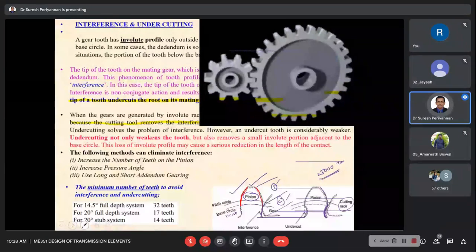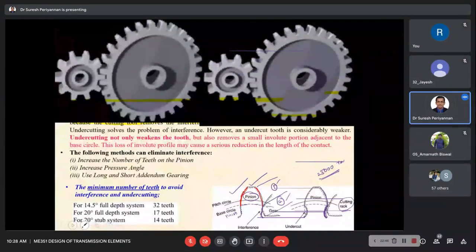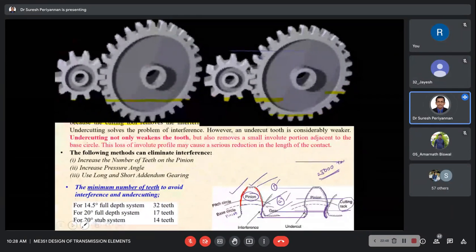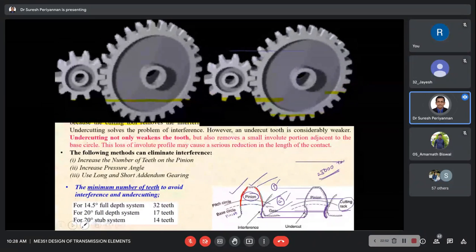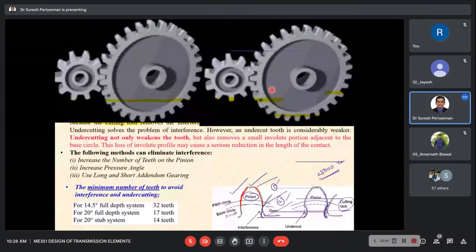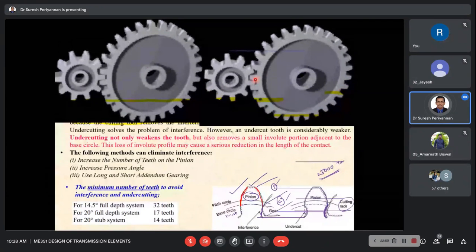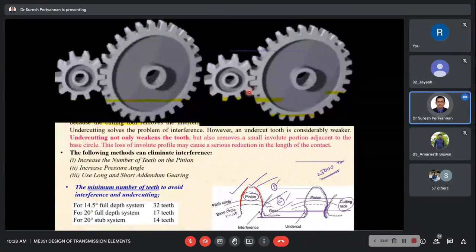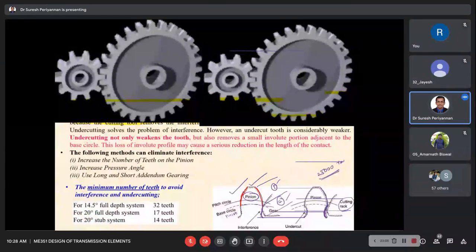I thought to show you, see here. I might have told you earlier, I missed out. Anyway, no problem. Now I tell you. See here. This is a gear. This is the pinion. Now the gear rotates and engages with the pinion. Some students may not understand.